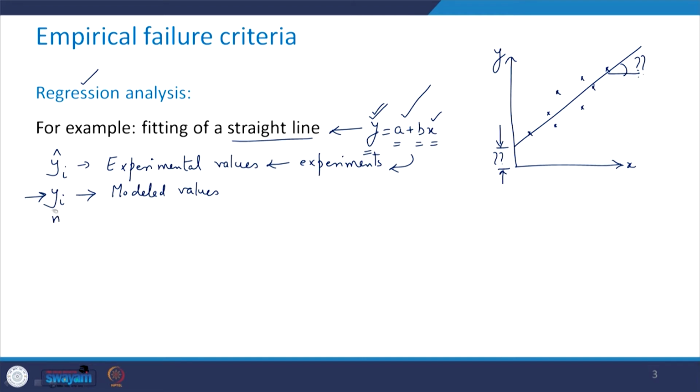Another quantity that I want to define is n, the number of data points. It can be anything, 10, 20, 30. This is the number of experimental values that we are going to get. Now, when can I say that this model will be perfectly fitting the experimental values?